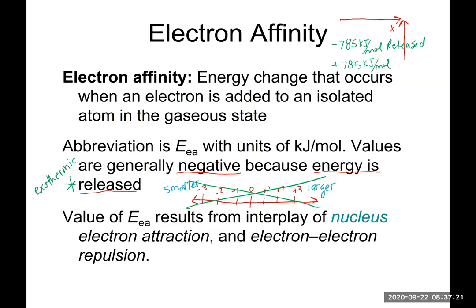In the other case, that 785 kilojoules per mole of energy is being absorbed. But one of those values is not smaller relative to the other one, because again, we're not looking at this from a number scale aspect. We're looking at this from a magnitude of energy aspect.